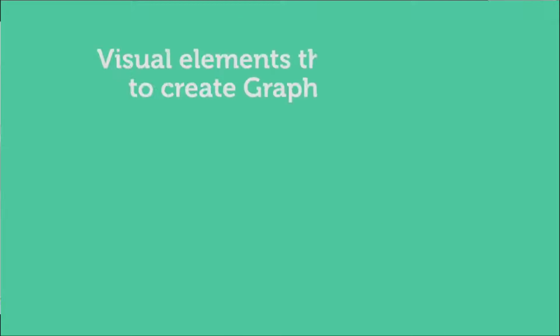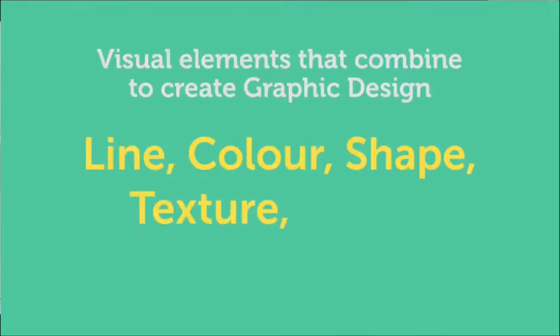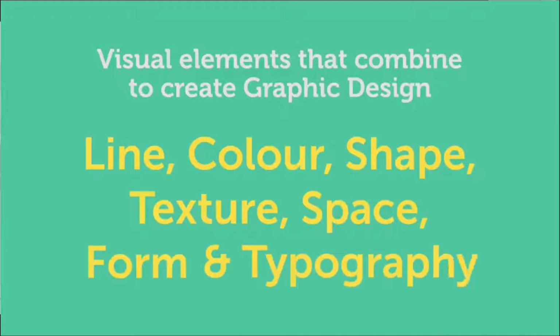So the graphic part of graphic design is made up of visual elements, the building blocks of design. The basic visual elements that combine to create graphic design include the following: line, color, shape, texture, space, form, and typography. Through the harness of our artistic expression, we choose these visual elements and arrange them on a surface in a layout to convey an idea.